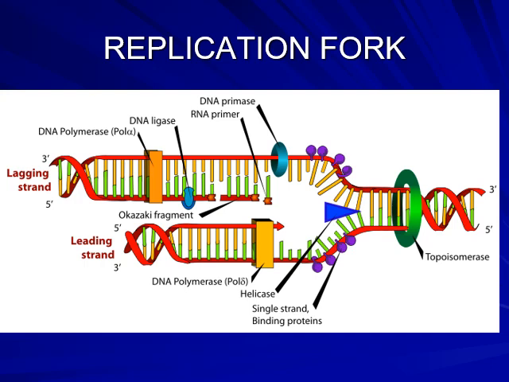These are the proteins and enzymes of the pre-priming complex. Then it takes on the primase, and the primosome now directs the primase to synthesize the RNA primer.